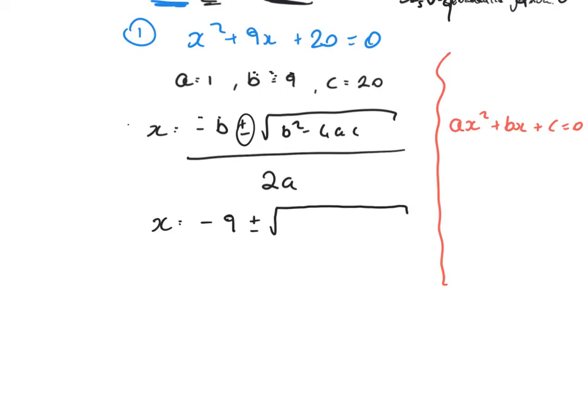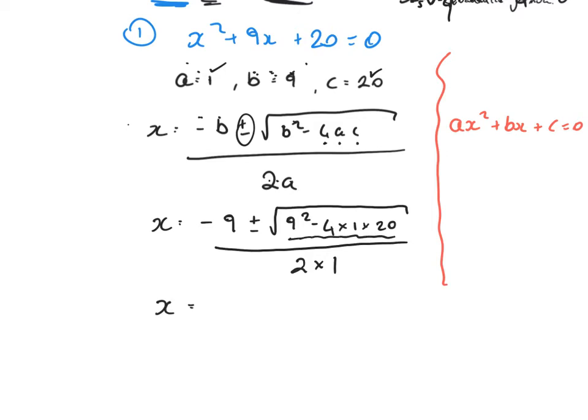So b is 9, so b squared is 9 squared, minus 4ac, so that's 4 times a times c. 4 times 1 times 20, all divided by 2a, that's 2 times a, which is 2 times 1. Okay, so let's keep going, and let's try and simplify that.